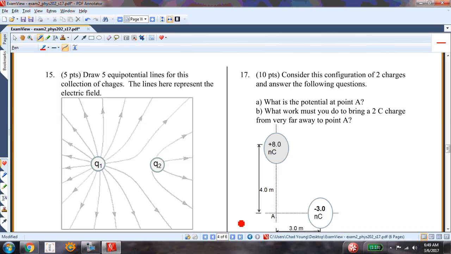Draw 5 equal potential lines. Really just got to make sure that you get the line perpendicular at each point. So right here is just a circle.